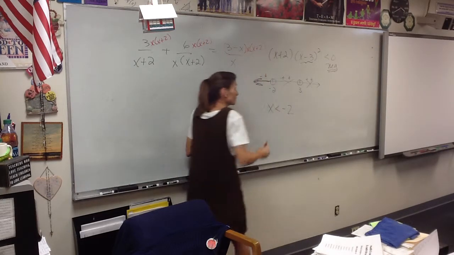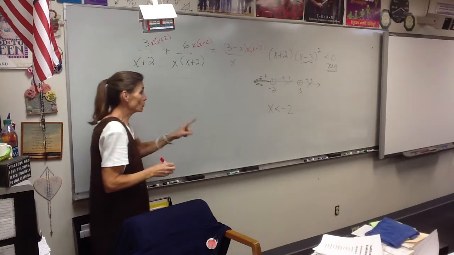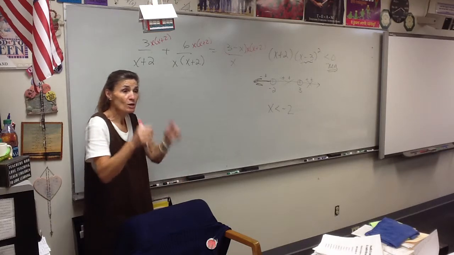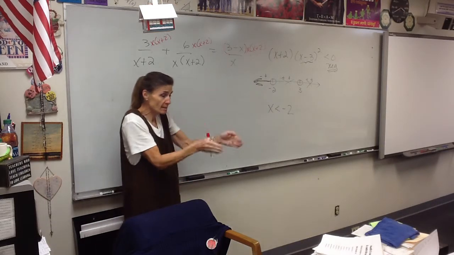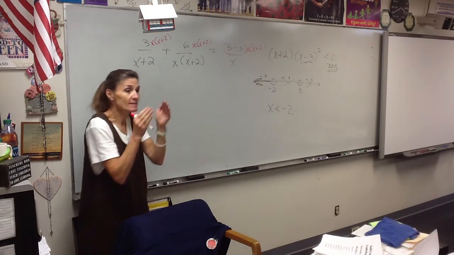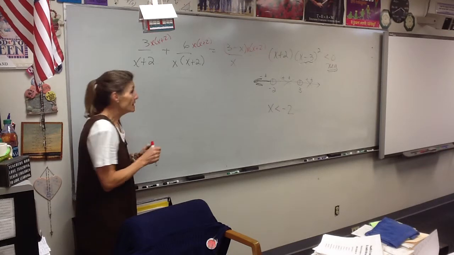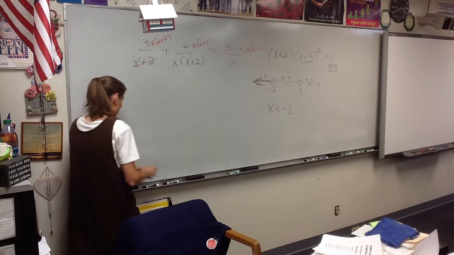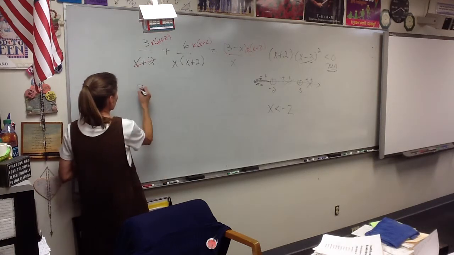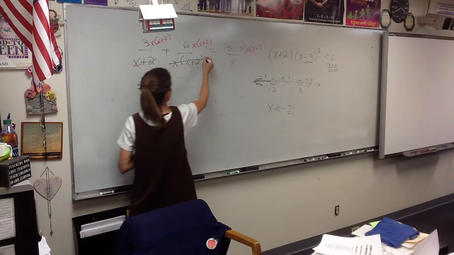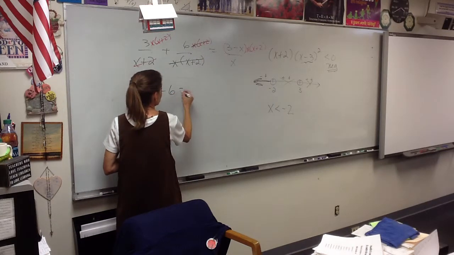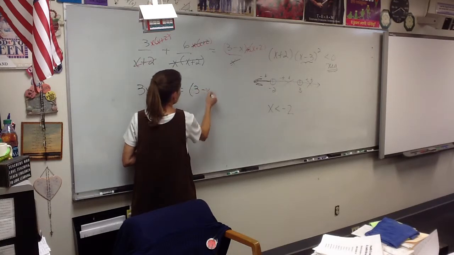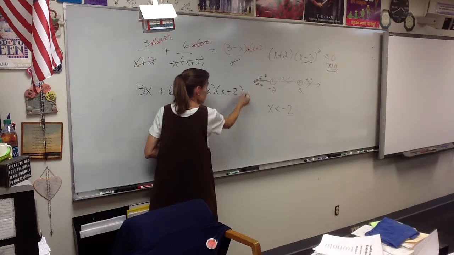Now kids, you cannot multiply some terms by one thing and other terms by another thing. You must multiply every single term by x plus 2. Different things will cancel, leaving me here in the beginning with 3x, and here with just 6, and here with 3 minus x times x plus 2.